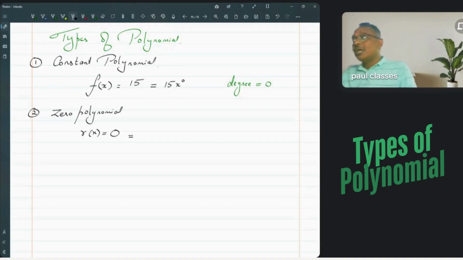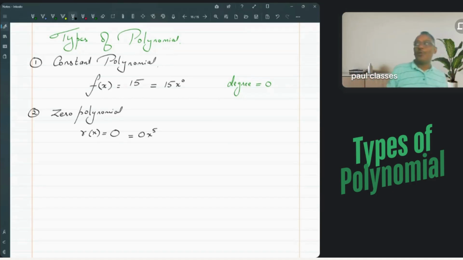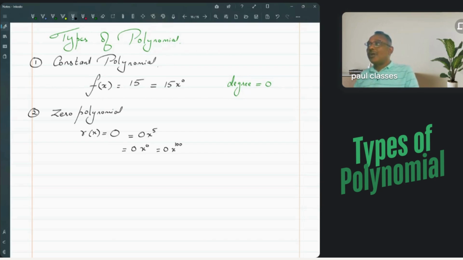But this 0 can be written as anything. You can write this 0 as x to the power 5 too. Someone will say, sir, I feel like writing it as x to the power 0. Someone else will say, sir, I feel like writing it as x to the power 100. So do you have any fixed degree for this? Degree means the power of x. So this has no fixed degree. That's why we call the degree of this polynomial not defined.